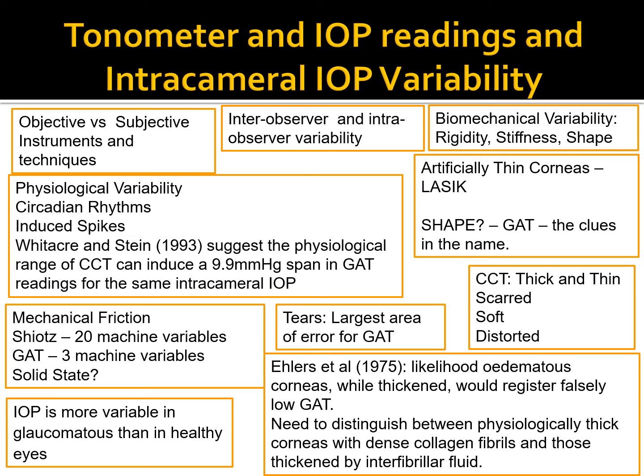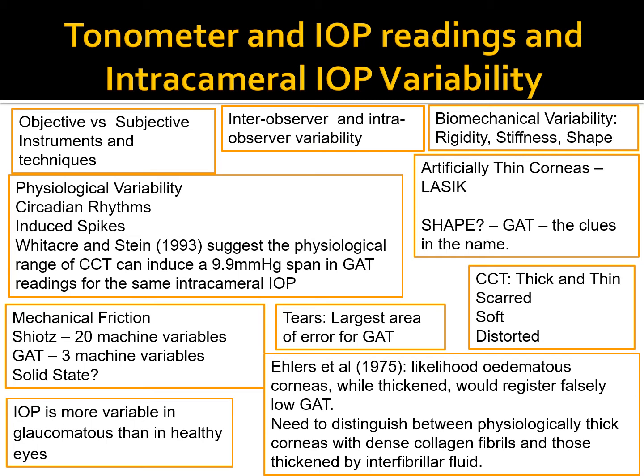Let's stick to shape for a minute. Artificially thin corneas with LASIK. But shape, you know, you're ablating the cornea. And the clue's in the name. It's applanation tonometry. That is to say, we're making a plane surface. So if you've already ablated the cornea, the flattened shape must change the reading. Theoretically, if you had a completely plane surface, GAT would record a reading without actually applying any force at all.